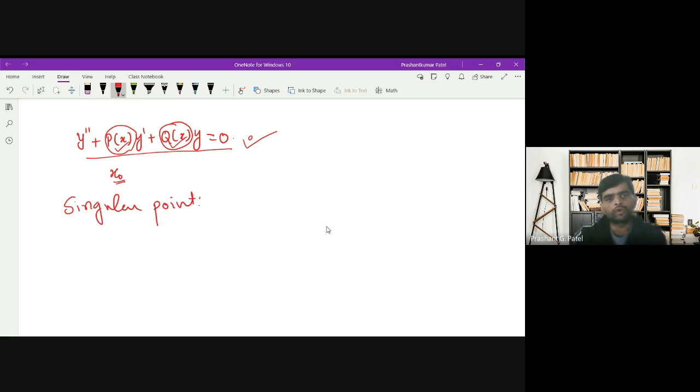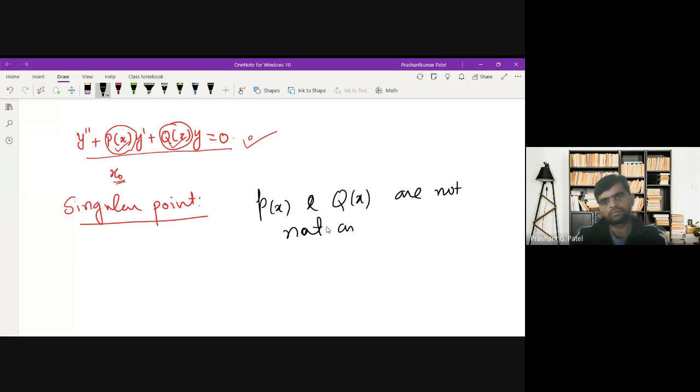The singular points are those points where the functions p of x and q of x are not analytic. If p of x and q of x are not analytic at x0, then x0 is called the singular point.